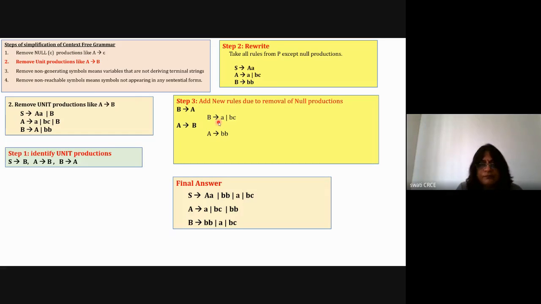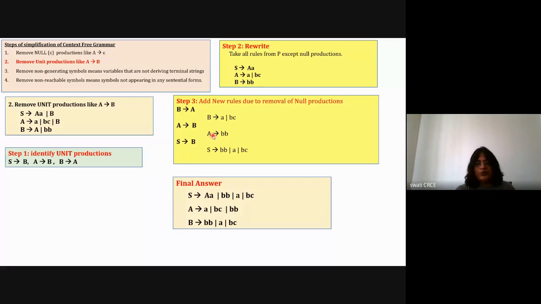Now then S is equal to B. For S is equal to B, B is equal to double B, so S is equal to double B. Whenever you are considering S, you need to consider all the rules up to this particular state. So B is equal to double B, B is equal to small a, B C is also there. So S is equal to double B, small a, B C, and here there is no S.